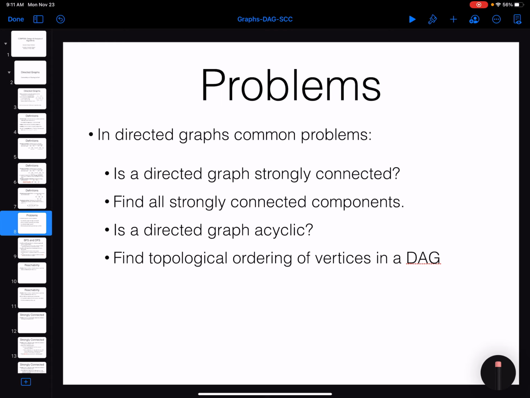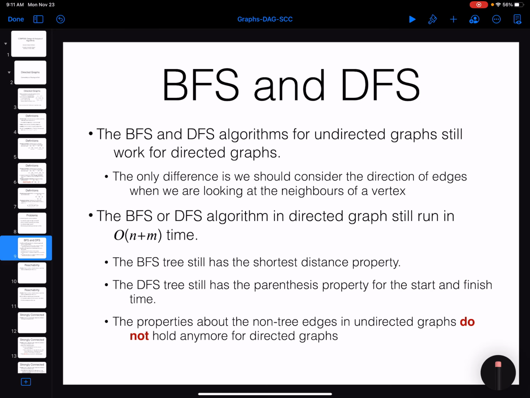Basically, these four problems can be divided into two groups: the problems about strongly connected components and the problems focused on topological ordering. I'm going to first solve some simpler problems about connectivity and reachability, and then we will solve the main problems: finding a topological ordering and finding the strongly connected components.